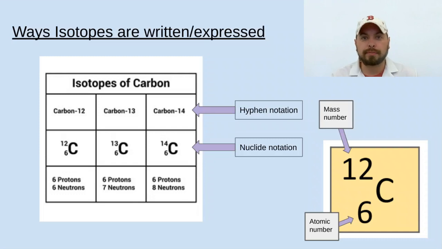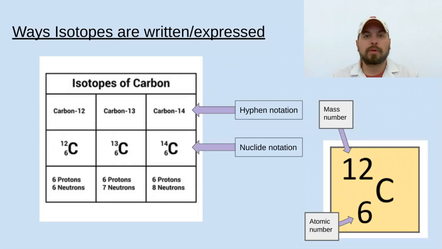Carbon 13 would have 7 neutrons, same 6 protons, but now to make a mass of 13, you'd need 7 neutrons to get there. In carbon 14, you would need 8 neutrons. So you can see both the notation, but also a little bit of the math involved in figuring out how many protons and neutrons are involved in a different isotope to get the different mass numbers.